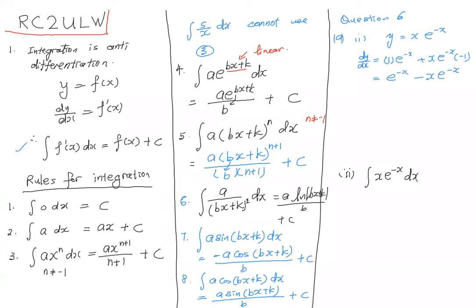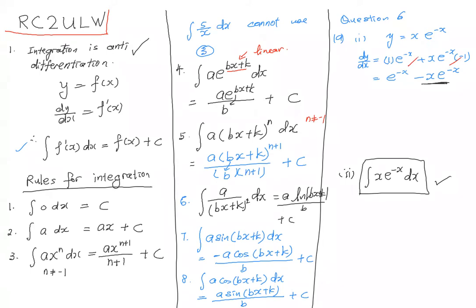So every time they want to test you on antiderivative, they will definitely first ask you to differentiate, then ask you to integrate this. So they want you to get the integral of this one. So we are not going to factorize this. You get 1 mark here, 1 mark here, done.